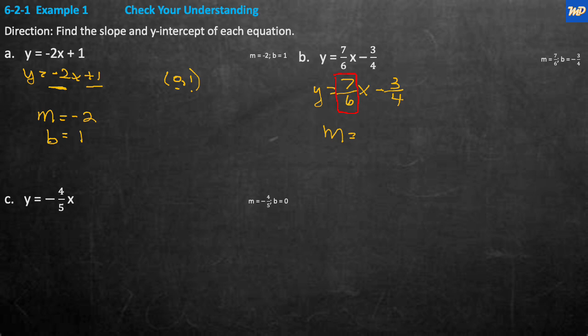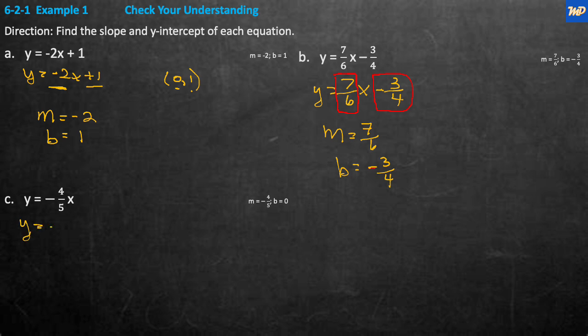So that means m is equal to 7/6, and b is equal to this piece here. This is your b term, including the negative, right? So it's equal to negative 3/4.